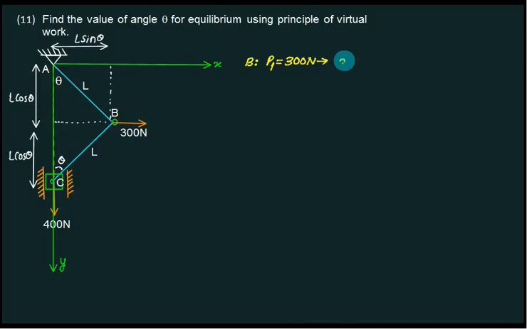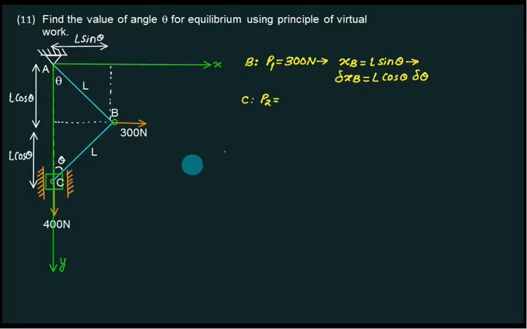Therefore, I require the x coordinate of point B. The x coordinate of point B is L sin theta. Point B is in the fourth quadrant, and in the fourth quadrant x is rightward. So what is the partial derivative of this term? L cos theta del theta. The second force is at point C, that is P2.